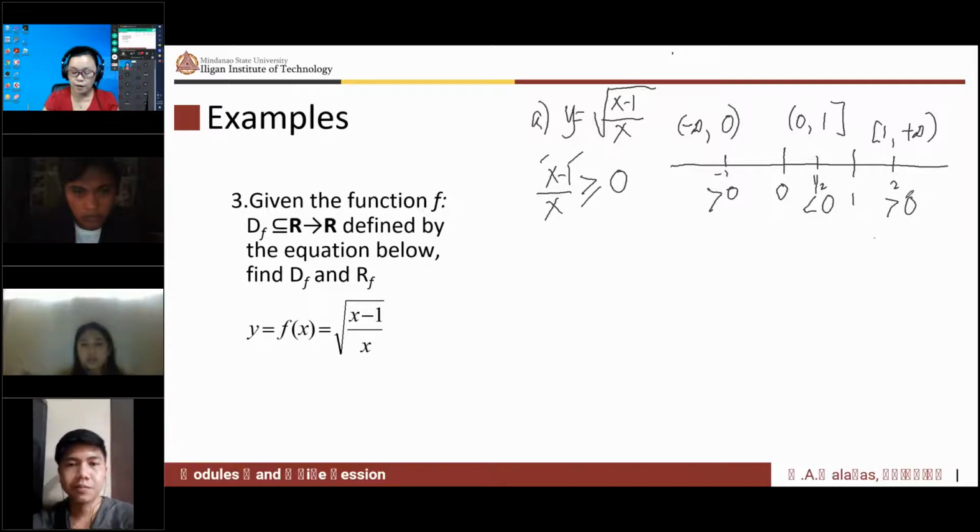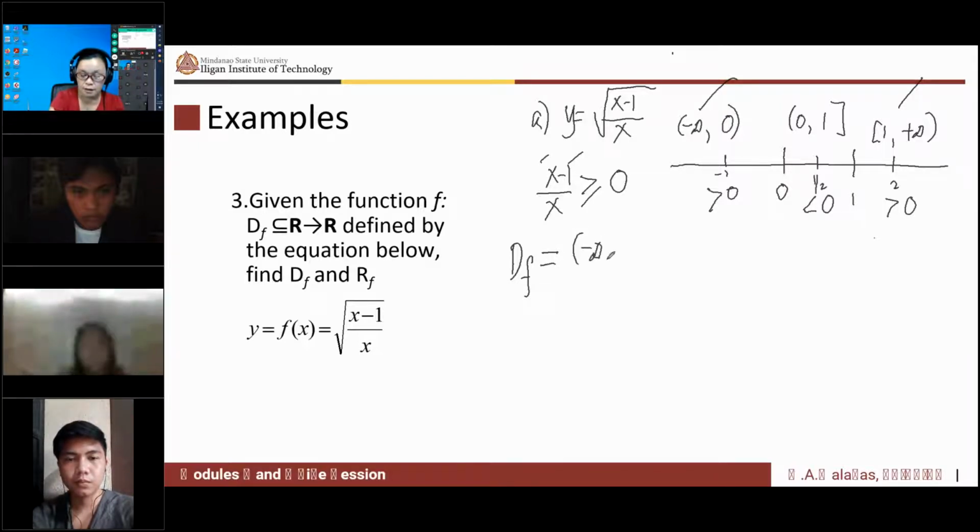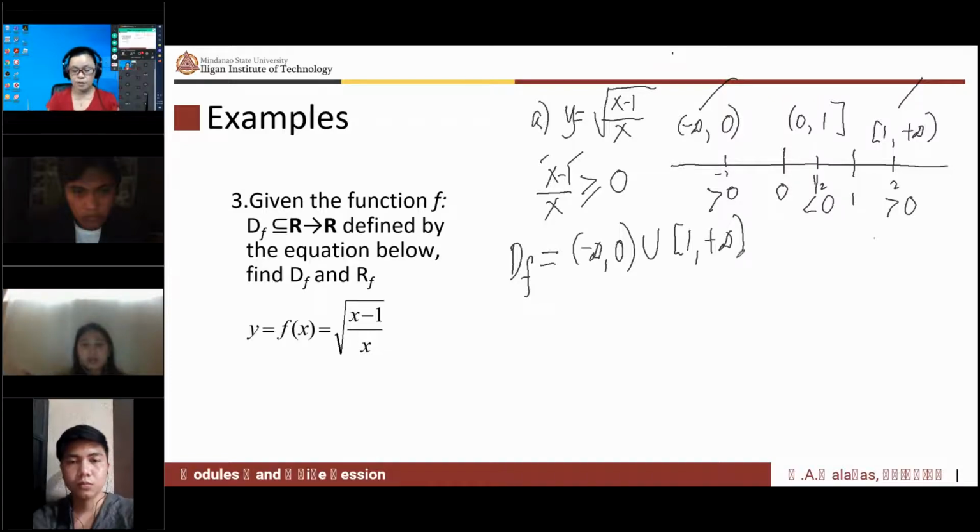So therefore, these two intervals satisfy our inequality. And so the domain of f is equal to negative infinity to 0, excluding 0, because it will make the denominator 0, union 1 to positive infinity. Okay, so that's our domain.